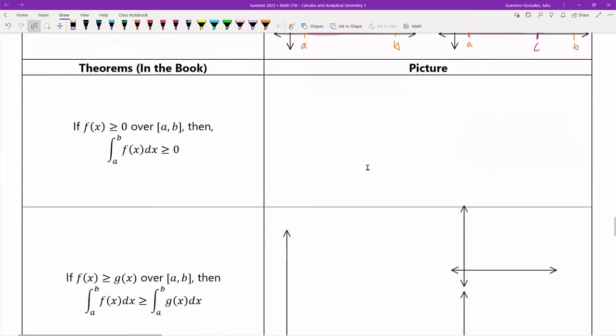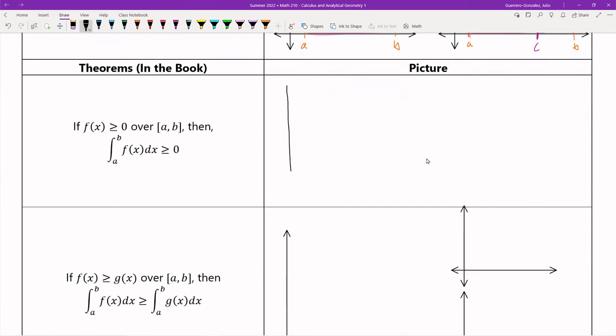Okay, these are theorems that show up in the book. Once you start realizing that we're playing around with areas, these make sense.